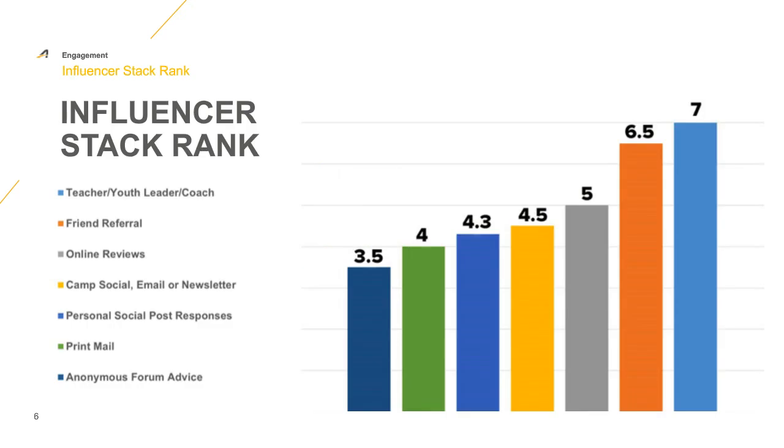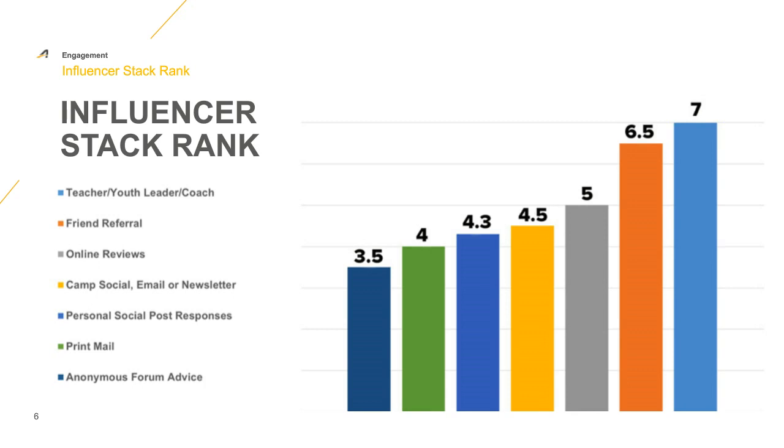We also know that when it comes to how parents are influenced, online reviews actually play a super integral part in how parents make that ultimate decision about where they're going to spend their money. So we can see here too that things like teachers and youth leaders, again, play the most important role, followed by friends, which we found to be really interesting.